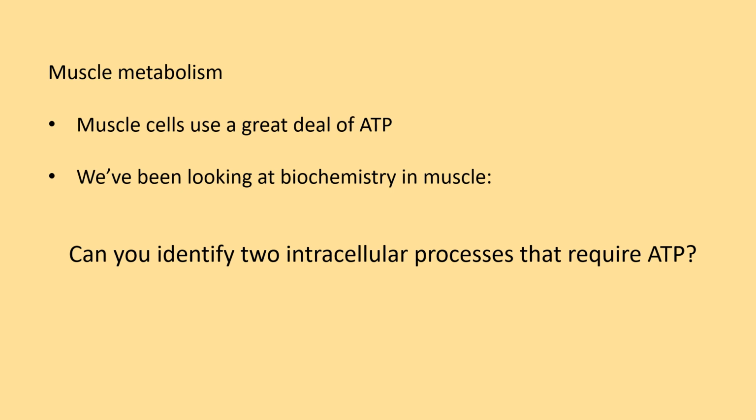And we've recently been studying the physiology of muscle contraction, and we talked about previously 2 separate processes that require muscle cells to spend ATP, and both of them have to do with muscle contraction. Can you think about 2 ways or identify 2 ways in which muscle cells in particular use ATP?